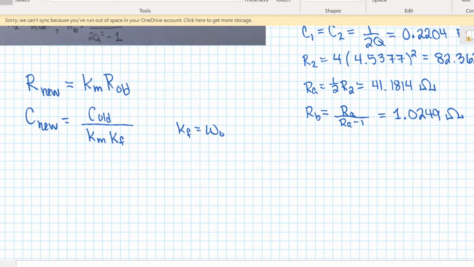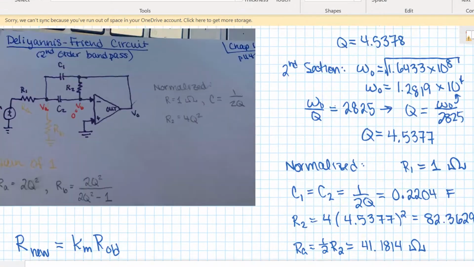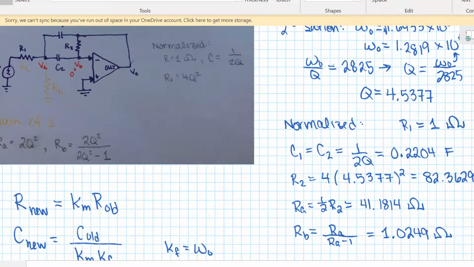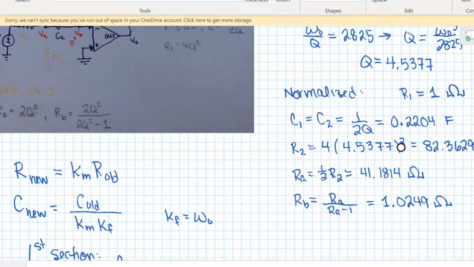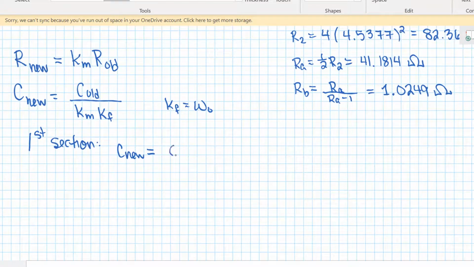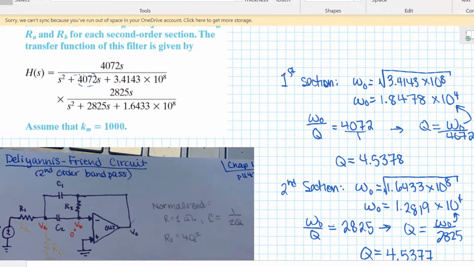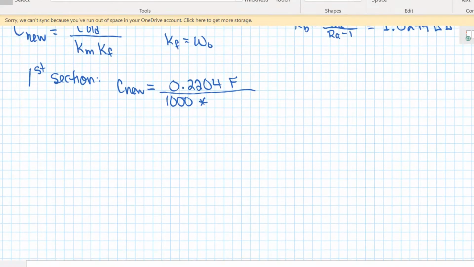Let's find it for the first section. C new equals, they have the same value of Q, so that part was fine, 0.2204 divided by Km, which they tell us is 1,000, and then for the first section, omega naught was 1.8478 times 10 to the fourth.